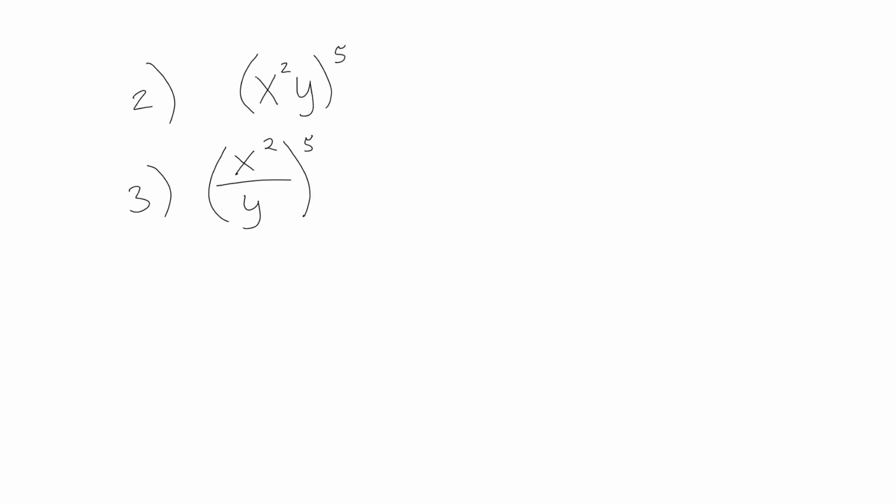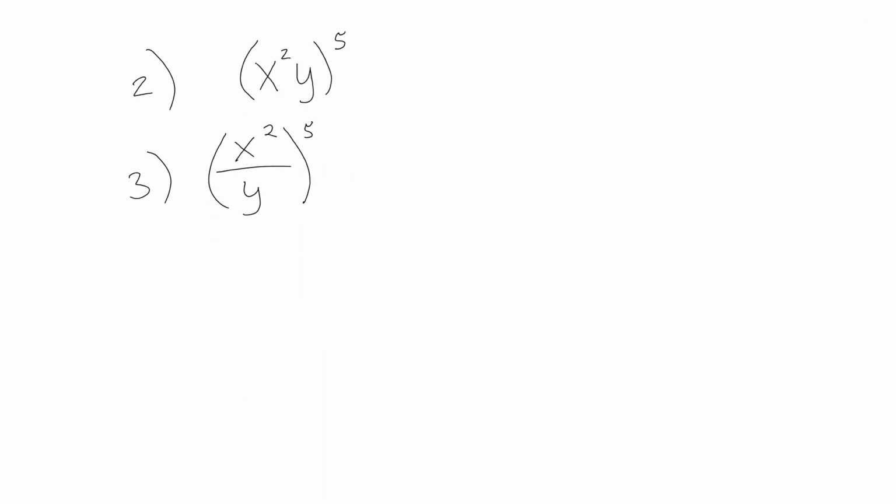Okay, so now we're looking at these, and we want to, again, apply that 5th to each individual power. So we have x squared to the 5th and y to the 5th. So x squared to the 5th, remember we're going to multiply those together.